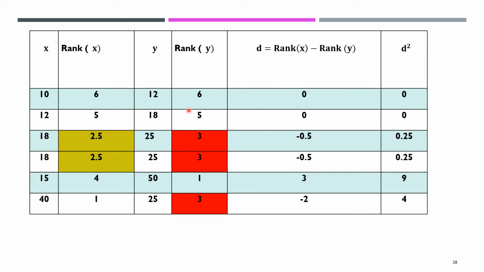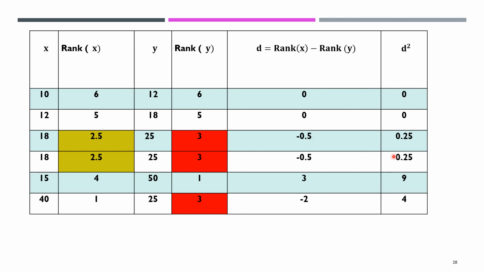Then we calculate rank of x minus rank of y. So 6 minus 6 is 0, 5 minus 5 is 0, 2.5 minus 3 is minus 0.5, 2.5 minus 3 is again minus 0.5, 4 minus 1 is 3, 1 minus 3 is minus 2, and the squares of these are written here. Then calculating the summation of d square.